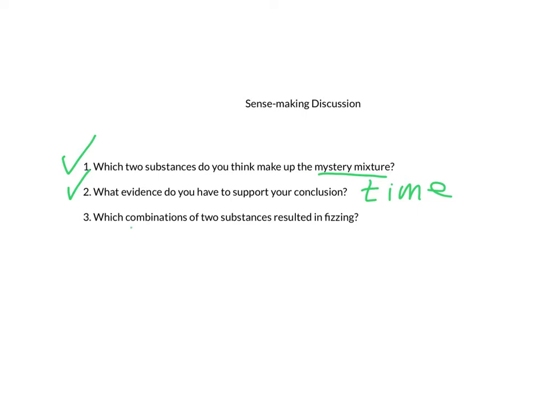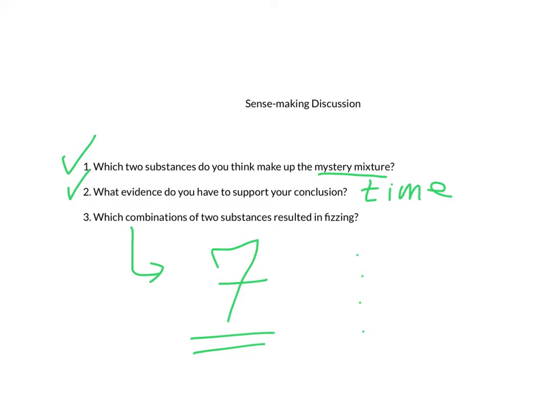You might have also found out that even though you had a good idea of what the mystery mixture might be, there actually was a total of 7 combinations that fizzed. If you had asked anybody else in the class which were fizzing, you might be able to make a list of 7 different fizzing combinations, therefore making our little mystery a bit more complicated, something that we're going to have to look at again.